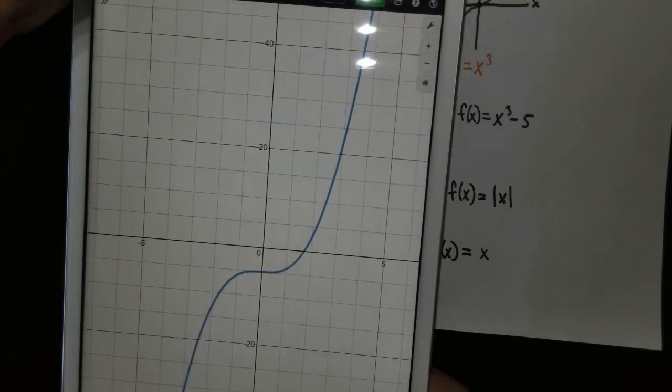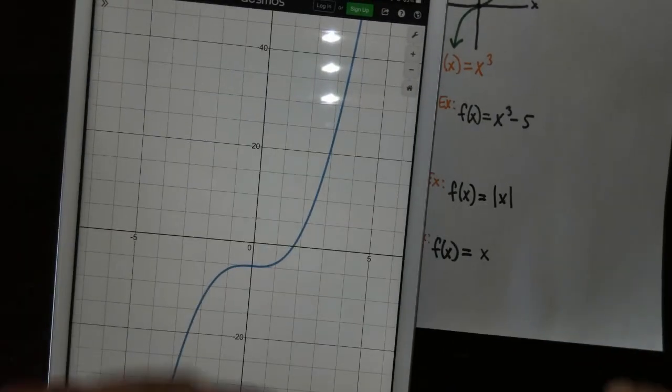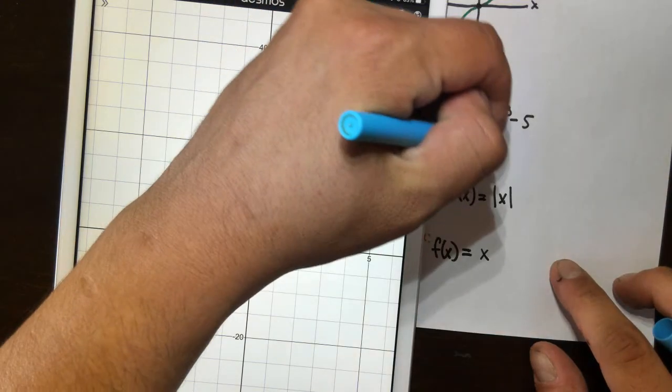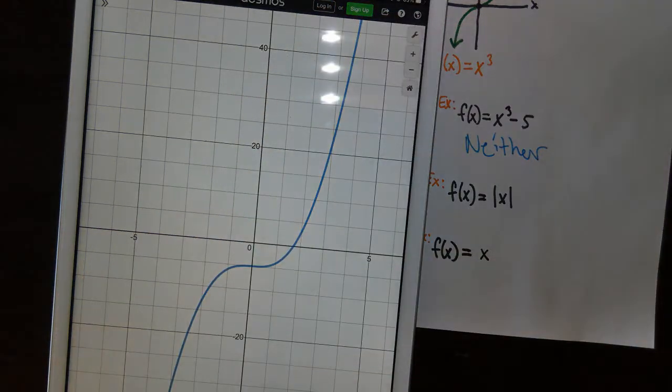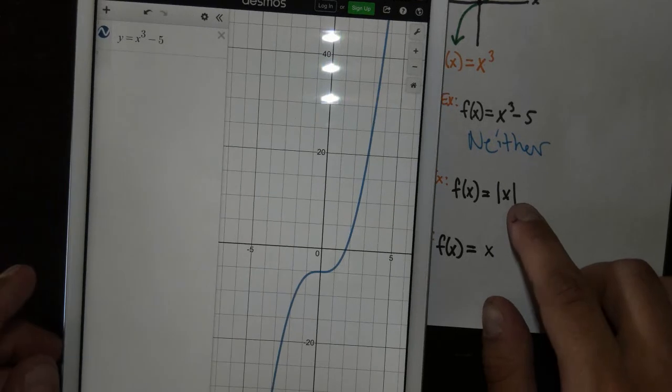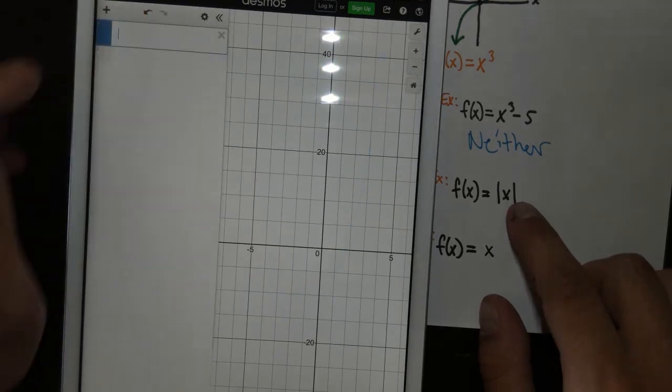So therefore, this function is also neither even nor odd.